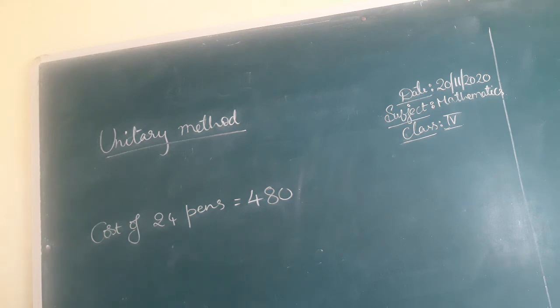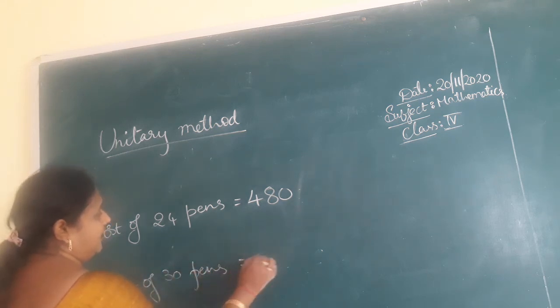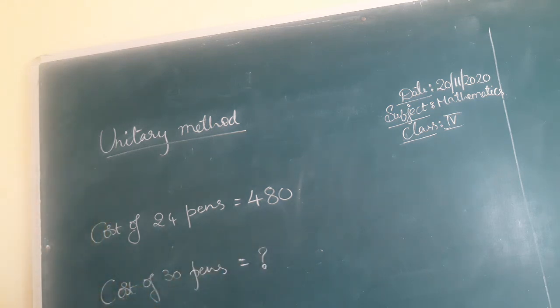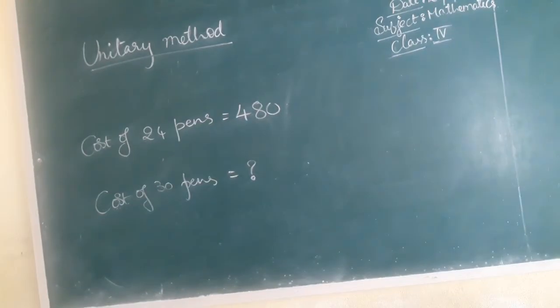They are asking us to find the cost of 30 pens. The cost of 24 pens was given and they are asking us to find the cost of 30 pens. How can you find it?